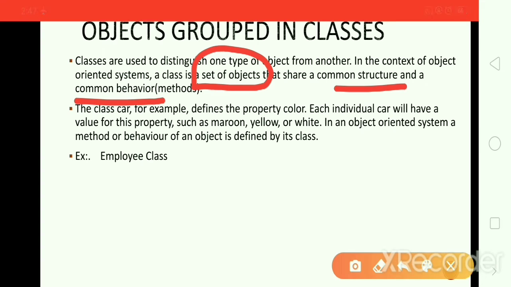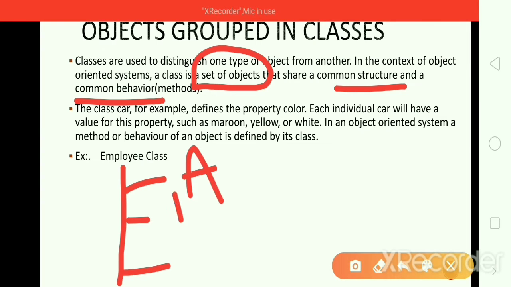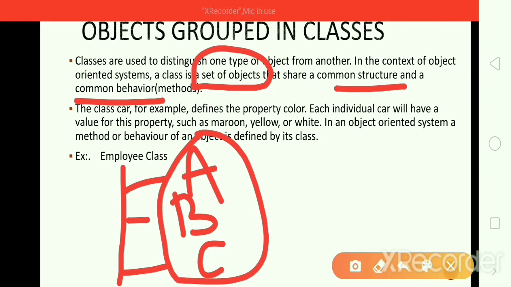For example, consider the employee class. In the employee class, I can have employee A, employee B, and C. So a class is a collection of objects. Employee is a class.